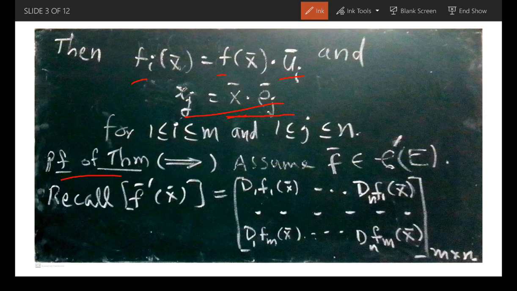Now we will start the proof of the theorem. So first assume that f is in C', E. What I have to show? I have to show all the partial derivatives Dj fi exist and are continuous. But existence we have already proved in a previous class, a couple of classes earlier to this. So now we have to prove only continuity.